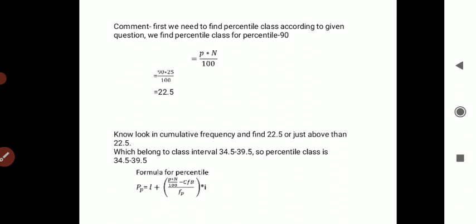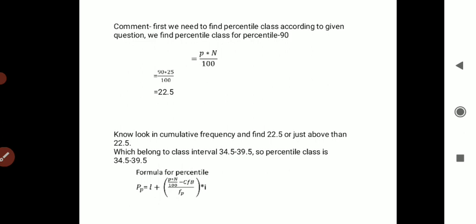The next step is to find the percentile class, that is, in which class interval the given percentile lies. To do so, you have to apply this formula: p times n divided by 100. Here p is the percentile which you want to calculate, and n is the total number of observations.